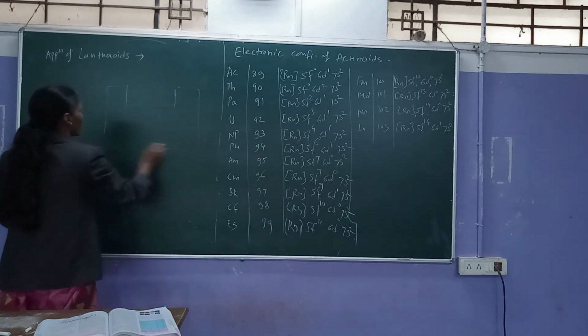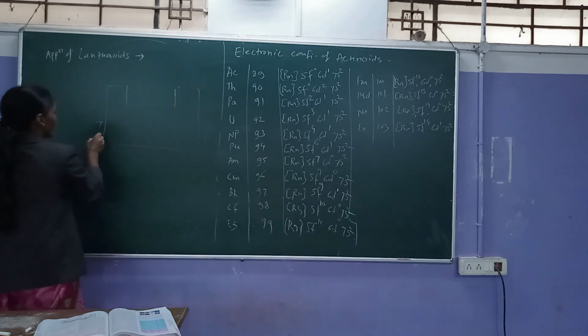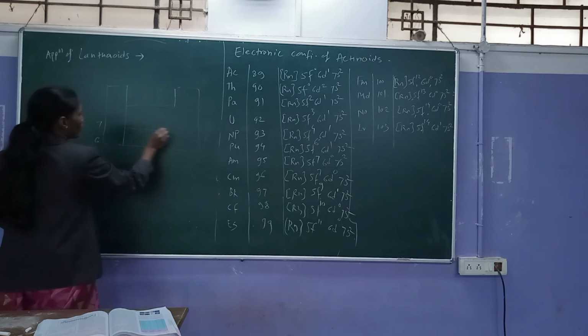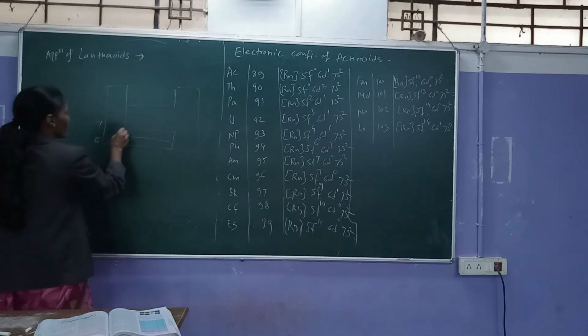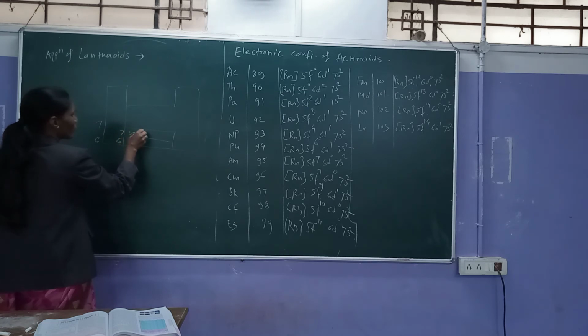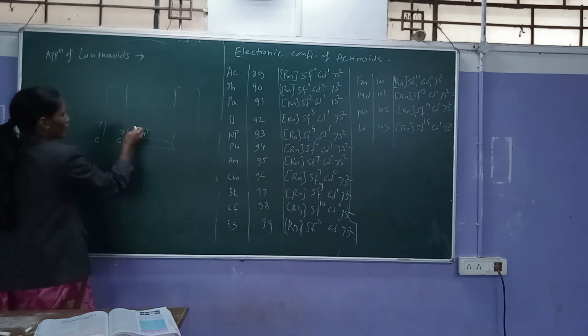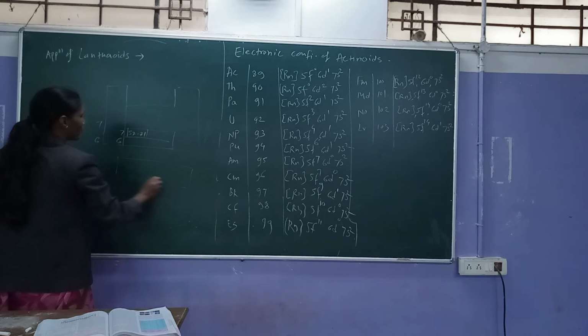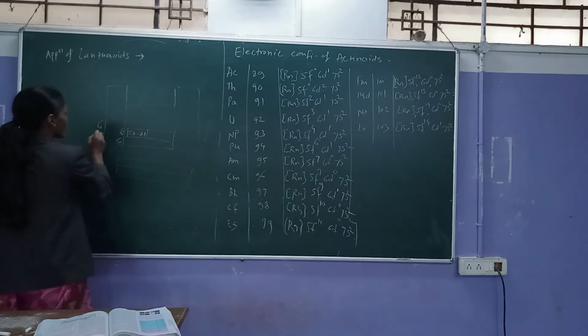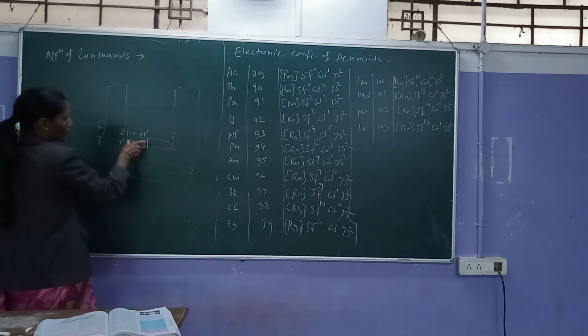In the periodic table, periods 6 and 7, the elements from 57 to 71 are interrupted and shifted to the bottom of the periodic table, and also from the 7th period, 89 to 103 are interrupted and shifted to the bottom.